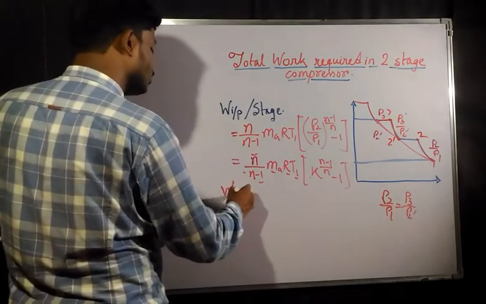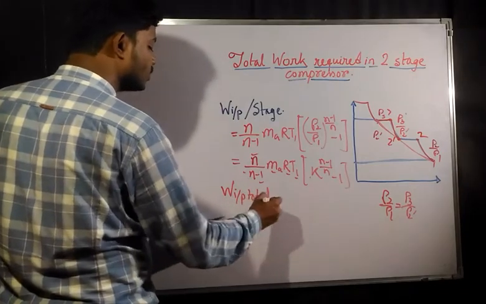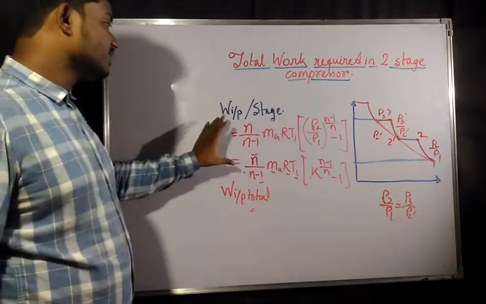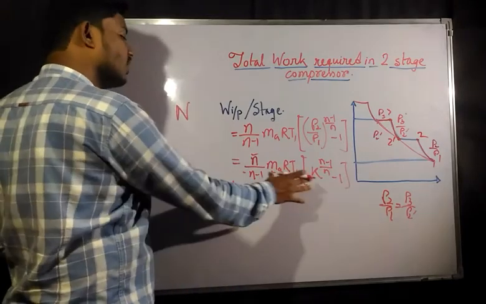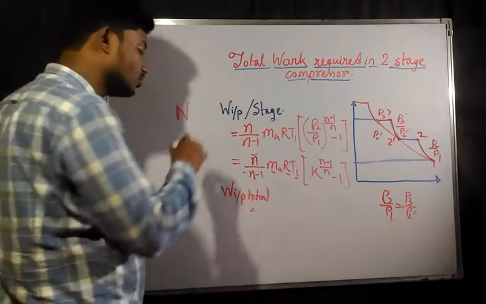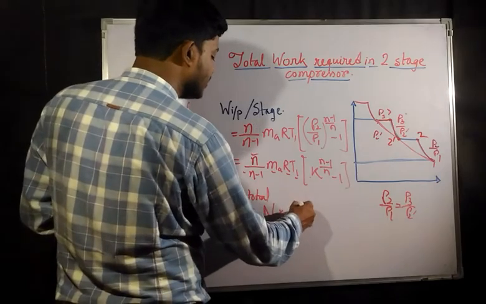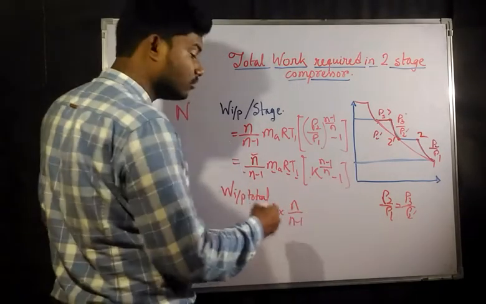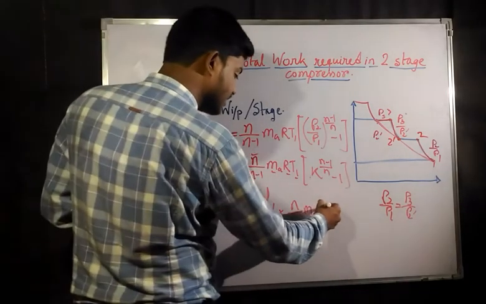So what is going to be the total work input now? This is in one stage, and there are n number of stages. In one stage it is going to take this much work input. So in total, how much will it take? It will take the number of stages multiplied by the work taken as input in each stage.